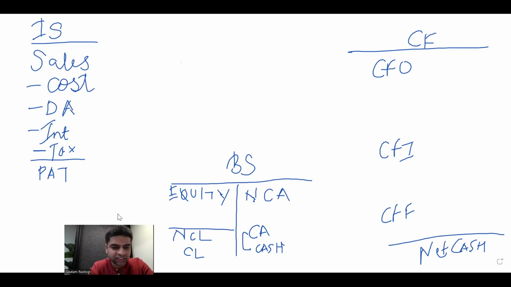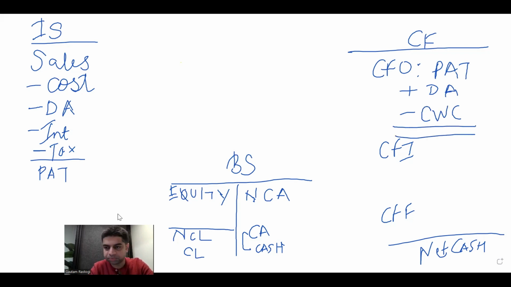In CFO, you have your profit after tax. Then depreciation and amortization get added, all the non-cash expenses get added back, and then you net off any change in working capital. That's how you get to CFO.